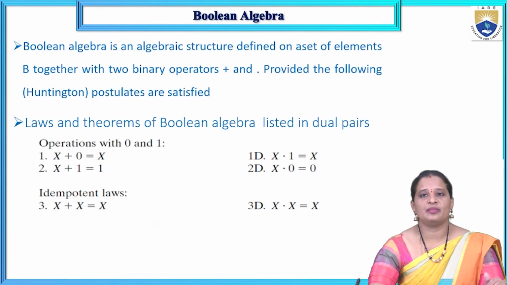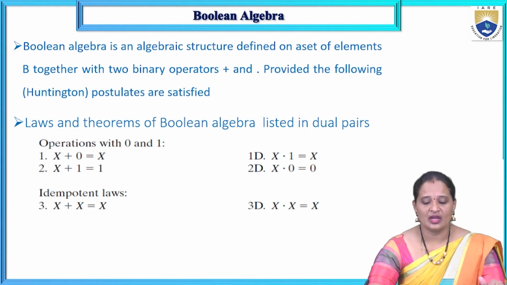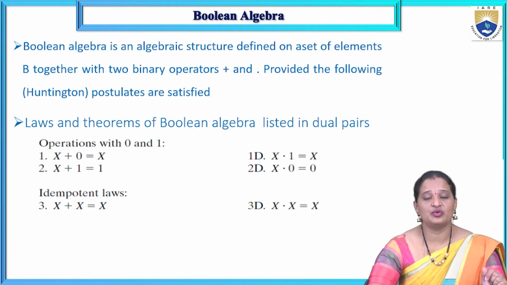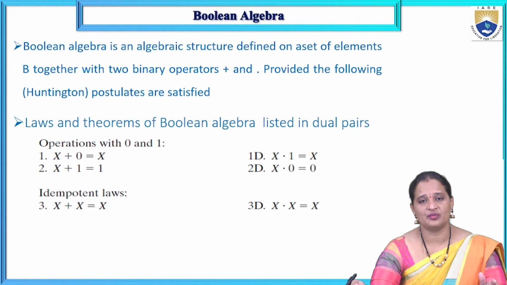Boolean algebra is an algebraic structure defined on a set of elements together with two binary operators, plus and dot, provided the following Huntington postulates are satisfied. So Boolean algebra is an algebraic structure mainly defined on a set of elements, together with two binary operators, plus and dot.